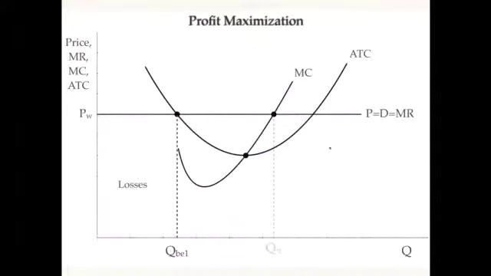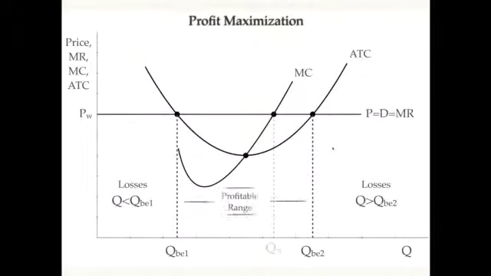So that's the first break-even point, and we will lose money at any quantities below that. And then any quantities above the second break-even point, QBE2, are going to have losses associated with them. And the intermediate section there is the range of profitability for that firm. So between QBE1 and QBE2, we know that this firm is going to be profitable.